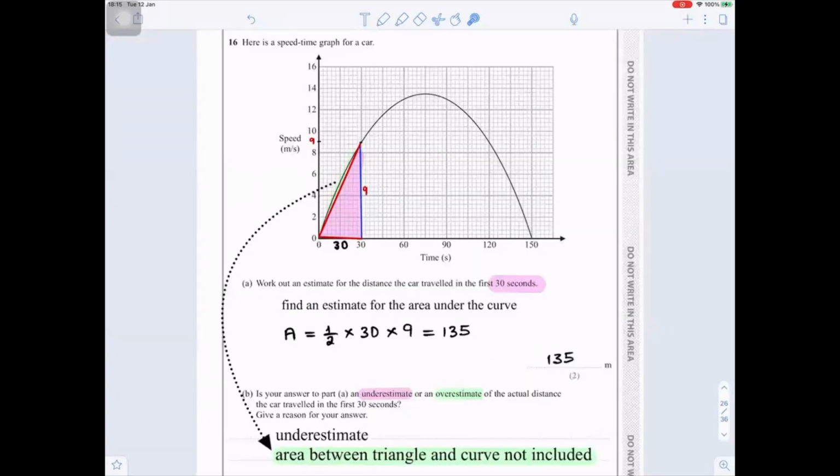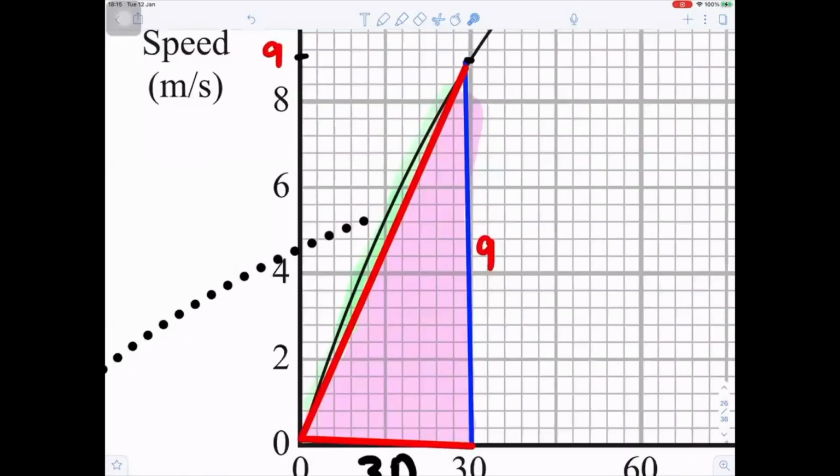Is your answer to part A an underestimate or overestimate of the actual distance the car traveled in the first 30 seconds? Give a reason for your answer. Underestimate means, is it smaller? Overestimate, is it bigger? If we look at the graph, when I zoom into the graph, you can see the triangle there, and there's this little part in green which we didn't take into account.